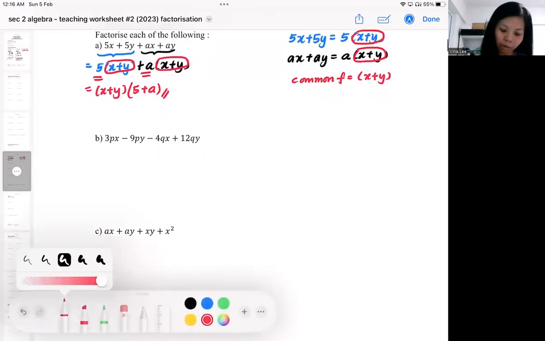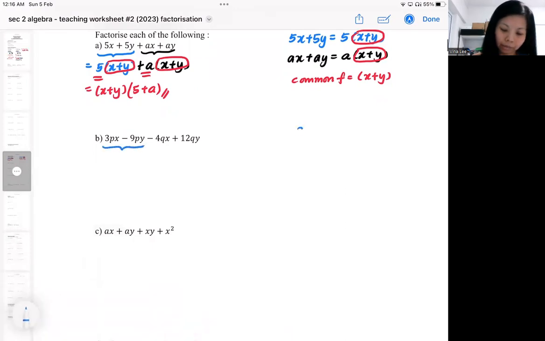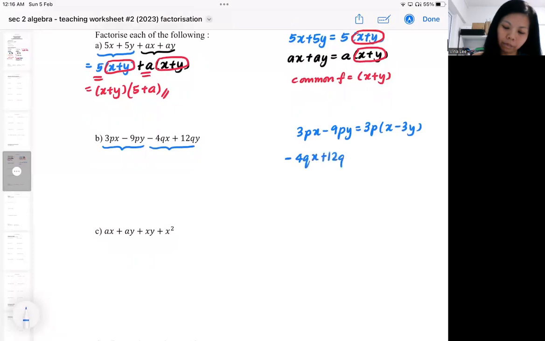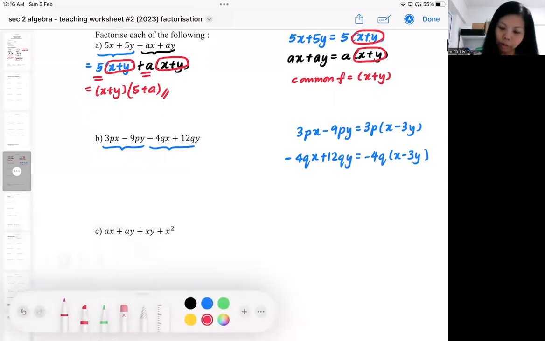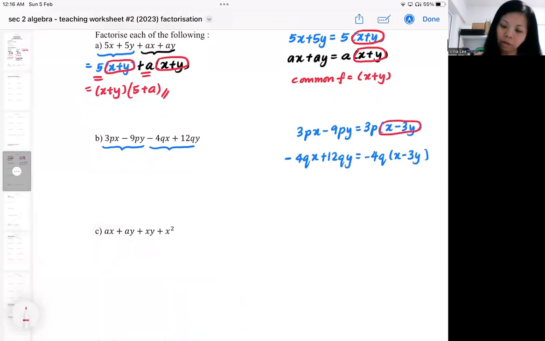So for example, here, I'm going to try this group first. If I look at this group, 3p is my common factor. So I get x minus 3y. Then I'm going to try this group, and I'm going to take out a minus 4q. So when I try to group them, I end up with this bracket as a common factor.